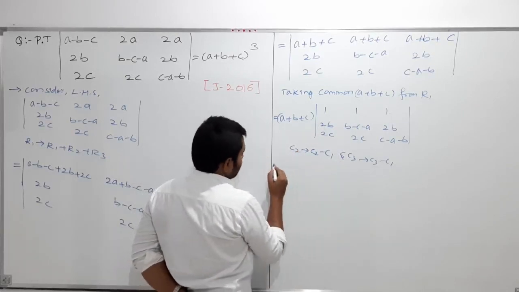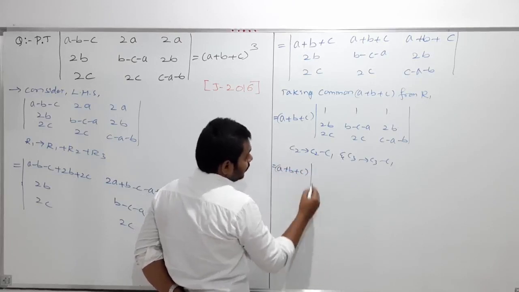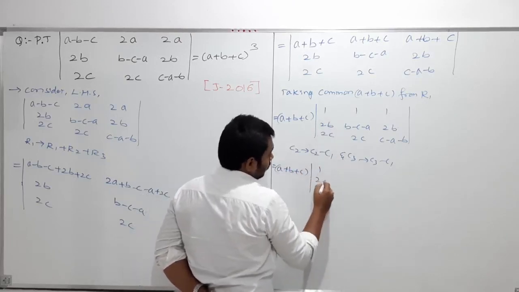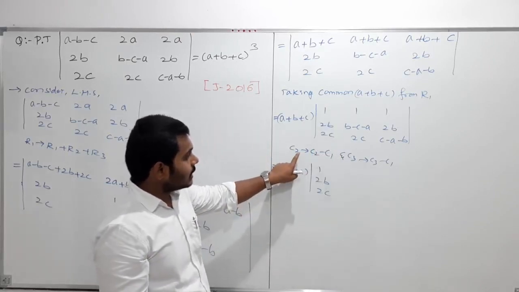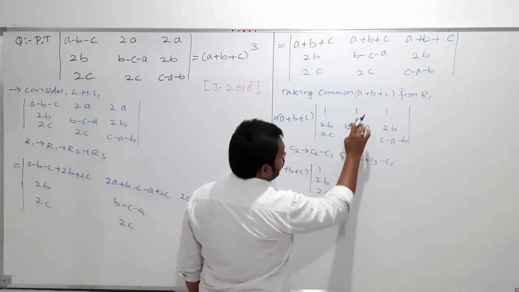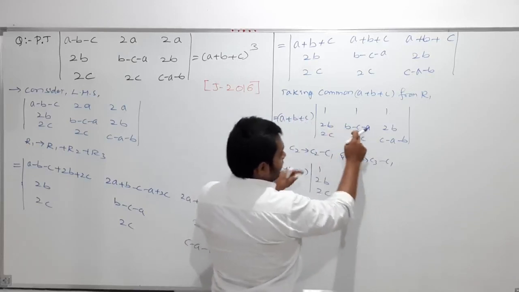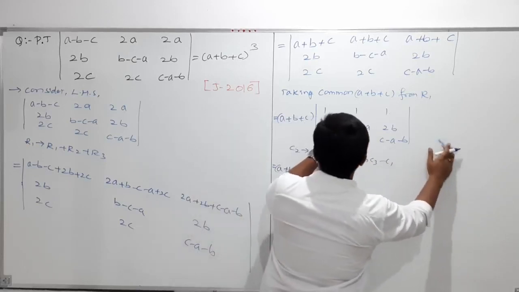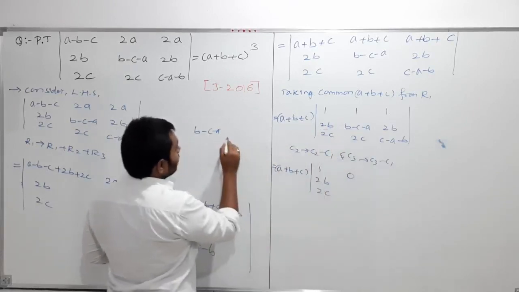Clear? And now, my students, you will get a plus b plus c into: c1 is as it is, 1, 2b, 2c. c1 is as it is, but what is changing here? c2 is changing here, c2 minus c1, this element minus this element: 1 minus 1 is 0, and next, what is remaining? c2, this element minus this element. So here it is b, I'll solve here, b minus c minus a minus 2b.